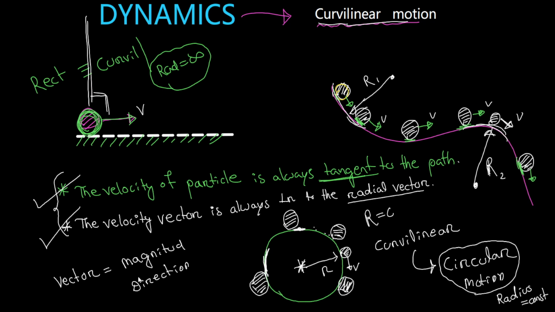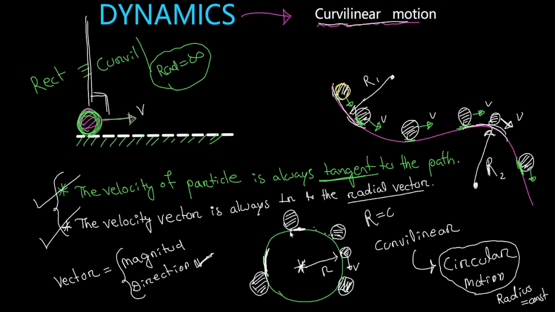So whenever the particle is moving in a curved path, the velocity is always along the path. That means suppose this particle is moving at a velocity of 5 meters per second, here also 5 meters per second, here also 5 meters per second, but the direction is not constant. In curvilinear motion, the direction keeps on changing point to point. Over here also, this is the special case of curvilinear motion.